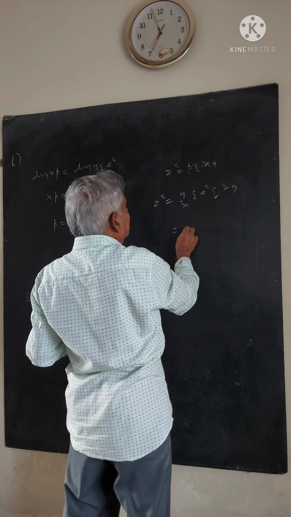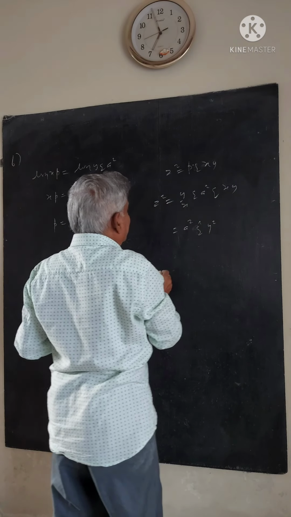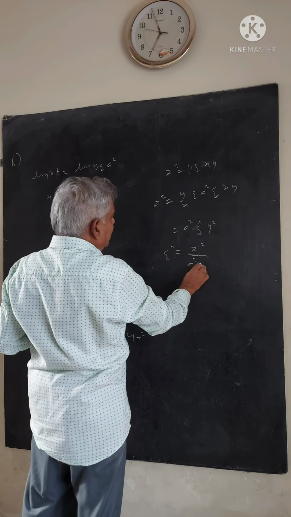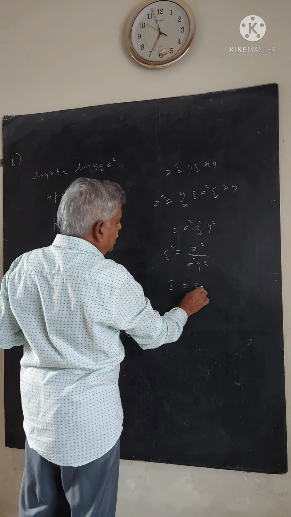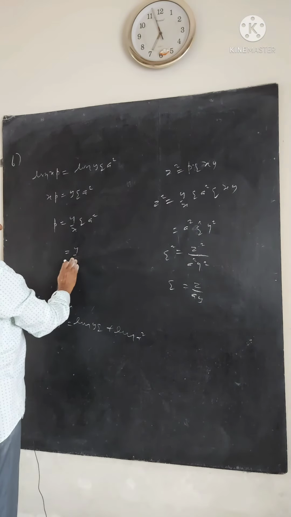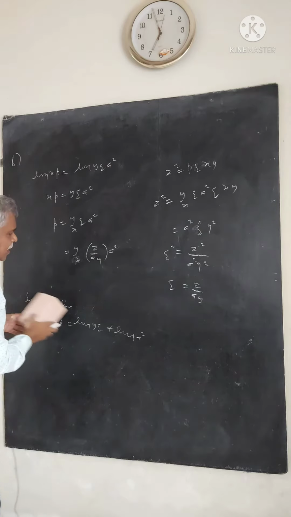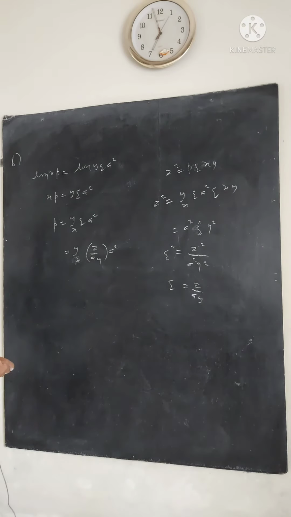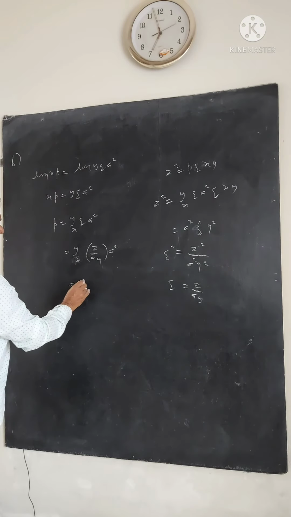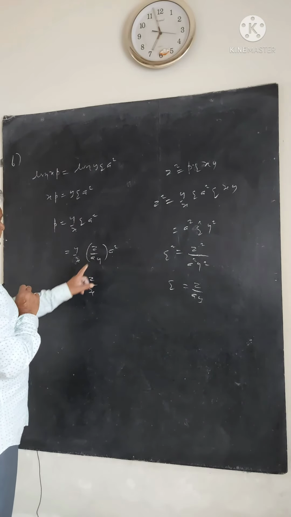The x gets cancelled: a square q square y square. So q square equal to z square by a square y square, q equal to z by ay. Applying this q in p equals y by x q a square: the a cancels, y also cancels, p equals a z by x.